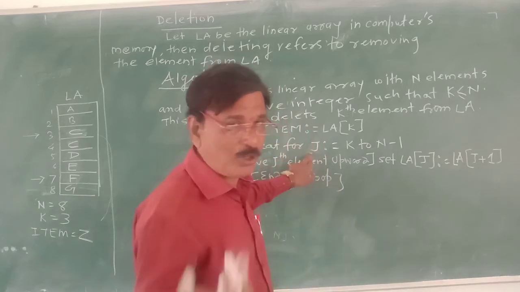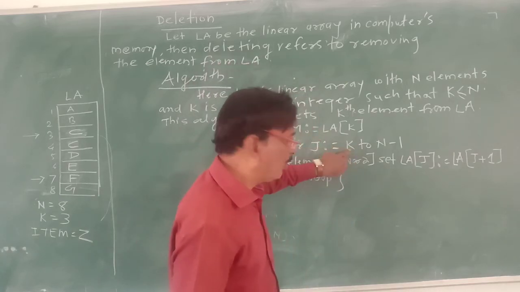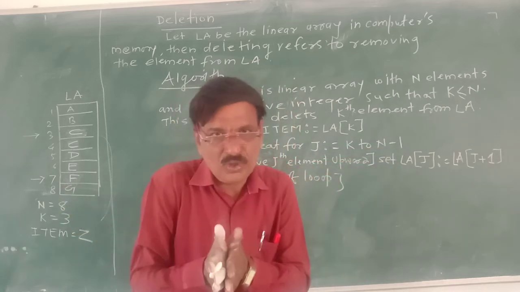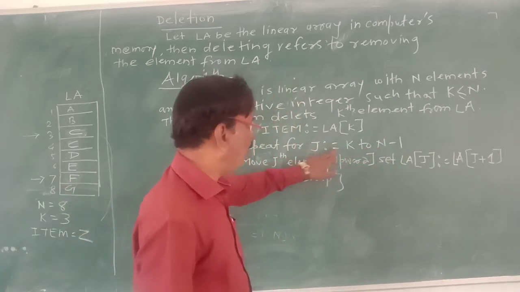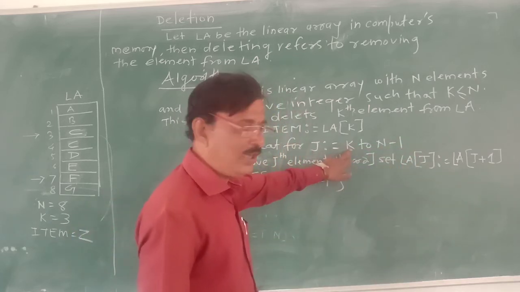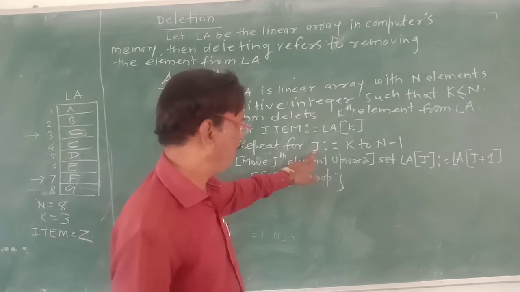Sorry, j is equal to j plus 1, because initially j goes from 3 to 7. So it was 3, now j will become 4.